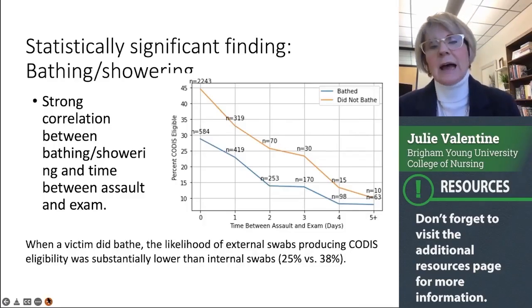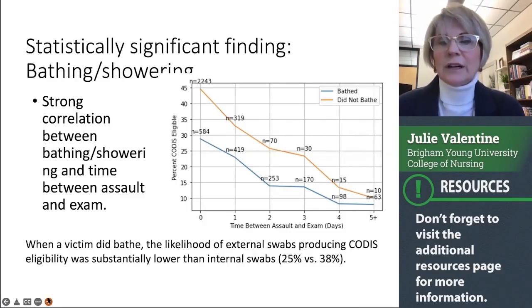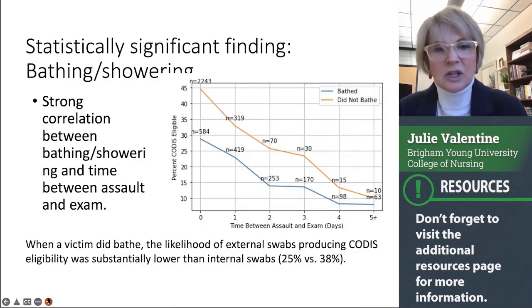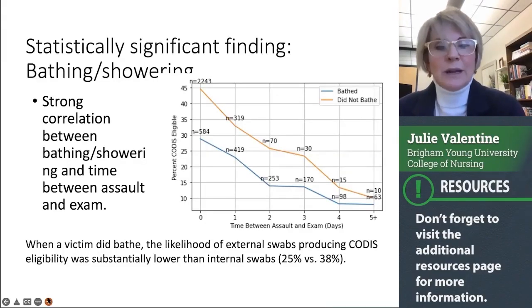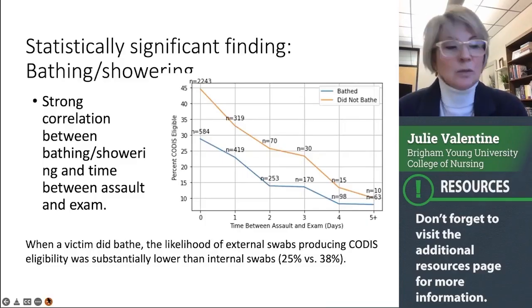We also looked at, if they had bathed or showered, what was the likelihood of external swabs producing a CODIS-eligible profile, and then internal swabs. And it makes sense that we're more likely to see 38% from internal swabs compared to 25% of external swabs. But I want to clarify, that still means that it's 25%.